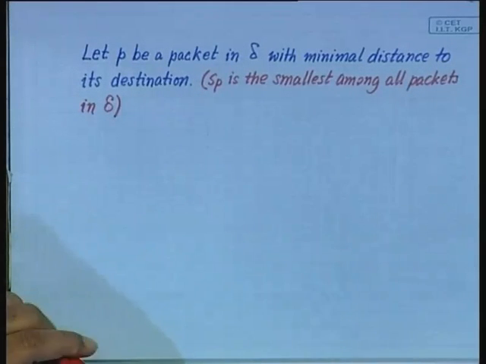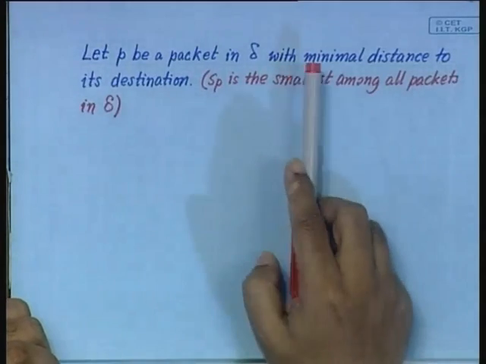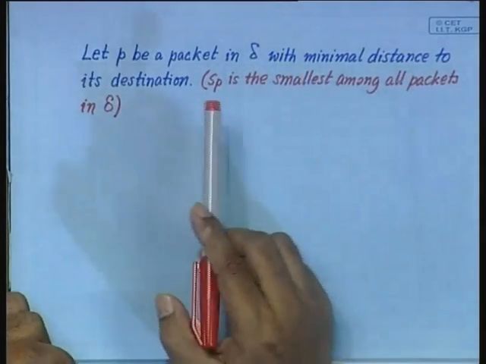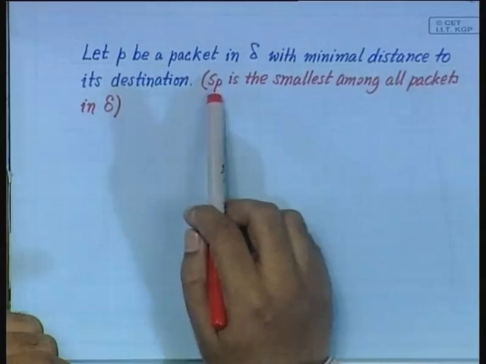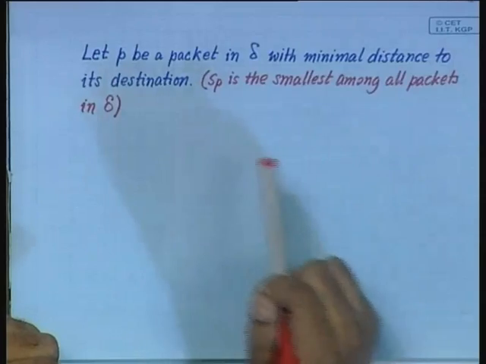Right. So, we have chosen P to be the packet which has minimal distance to its destination. So, among all the packets I choose the one which has the minimum SP. Okay.